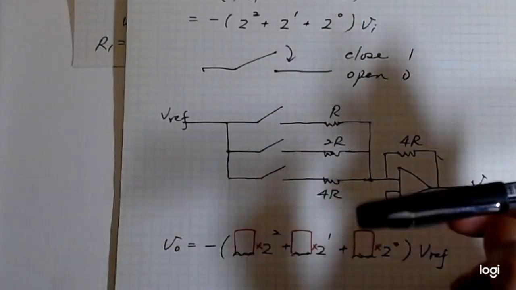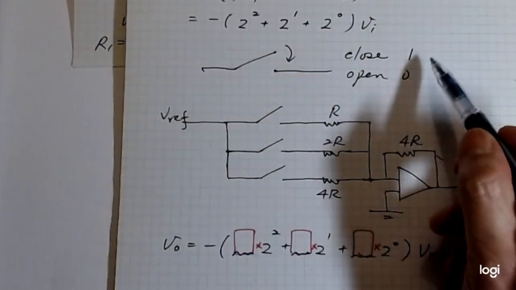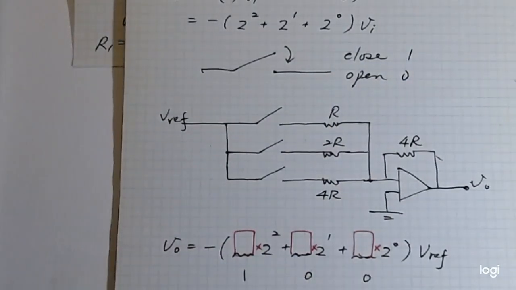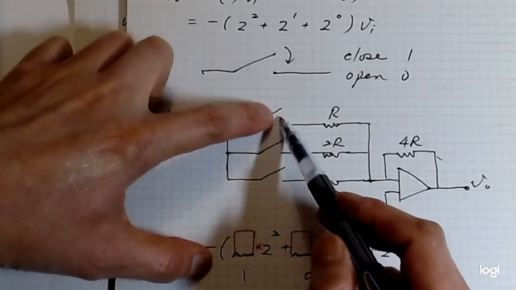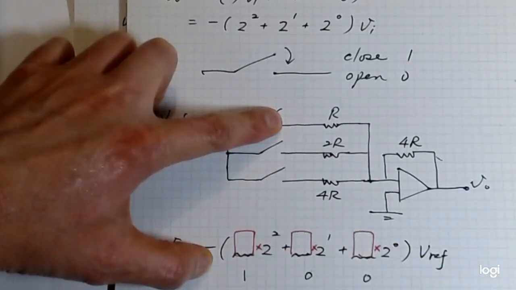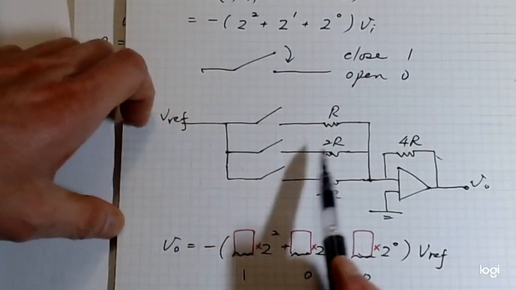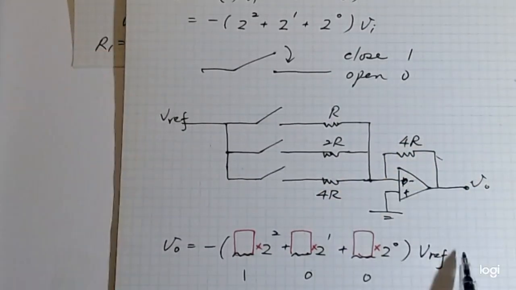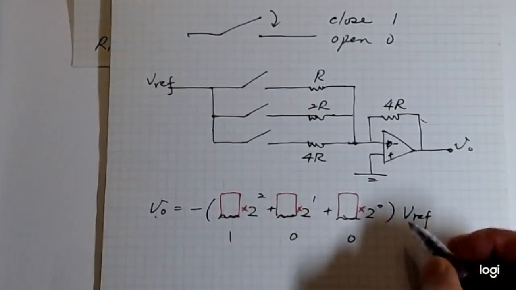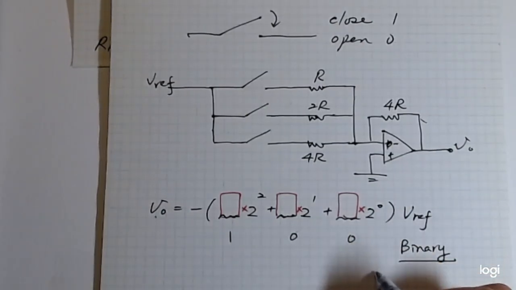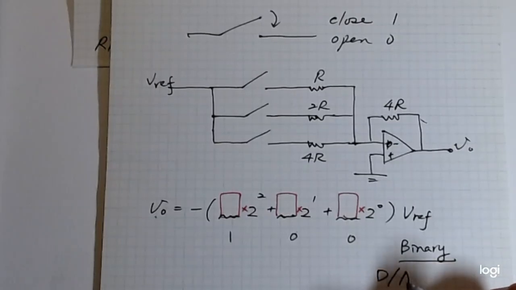Okay, so if I have a binary code of 1 0 0, meaning this gate right here is closed, connected, and this is open, open, then this one will give me a corresponding negative voltage. Okay, so this is binary. In other words, this is a digital to analog converter.